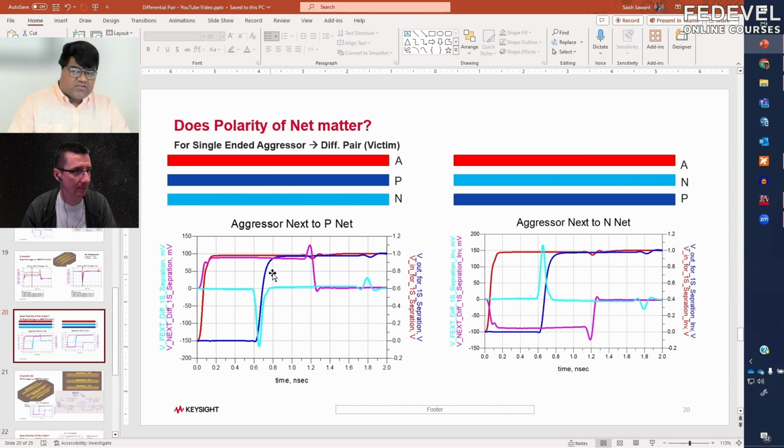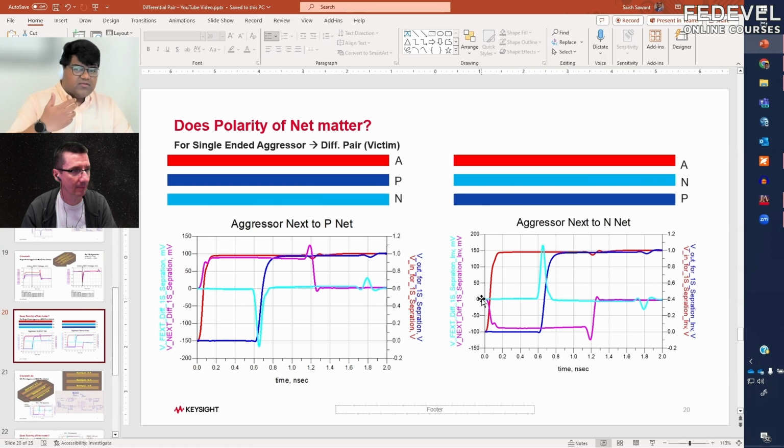When the signal reaches the other end, we see the far end crosstalk negative. That's fixed. The pink one is next, which is positive and its length is 2 times the length. So this is as expected. But when we change the polarity, we see that the far end crosstalk is now positive.